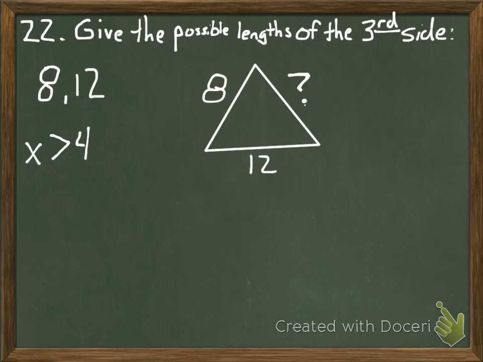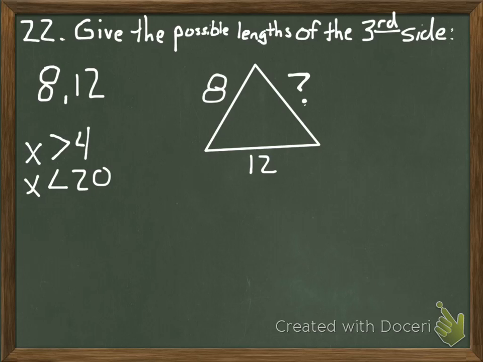That's what that's saying. To get the biggest the side could be, you just add the 8 and the 12. If you add the 8 and 12, you get 20. So x has to be less than 20. Remember, the two sides added up have to be greater than the third side.